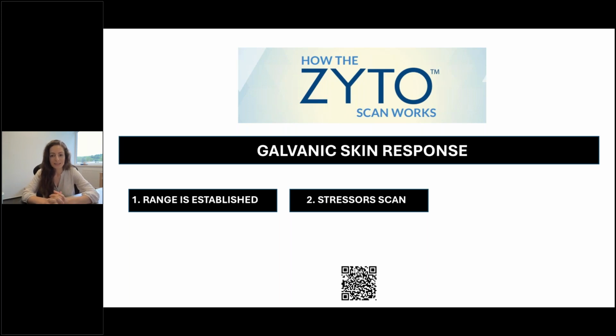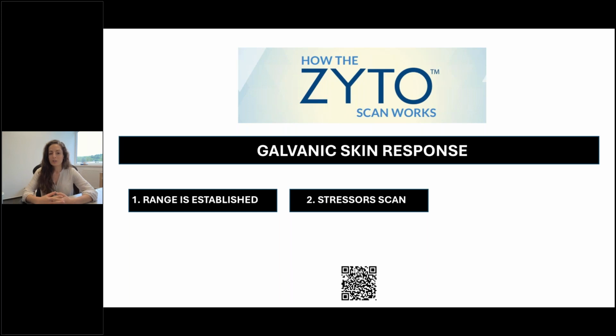Do you remember what I said at the beginning? That Zyto is a simple process, and that the video in the Zyto Pro software answers the question of your client about what Zyto is, what kind of process this is. The video also describes the Zyto scan as a questionnaire.